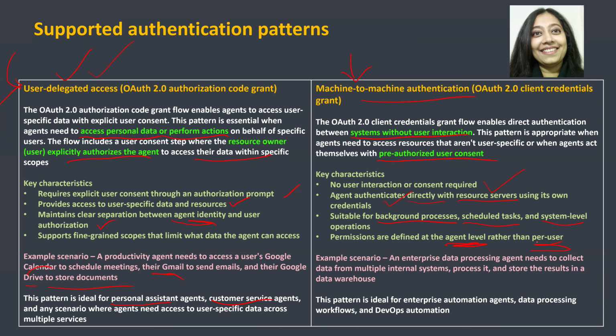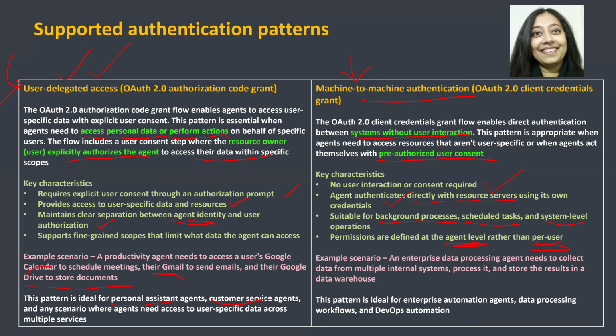So the user is not requested to perform any action. The user doesn't provide any approval. All of those permissions are defined and approved at an agent level. So what are some of the scenarios where you can use this particular pattern?